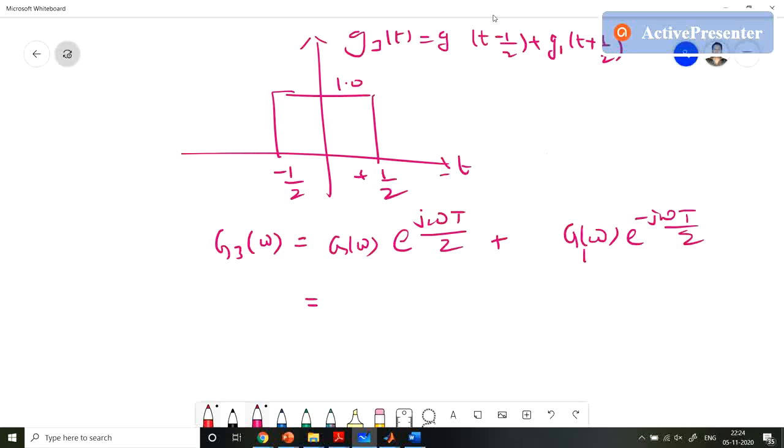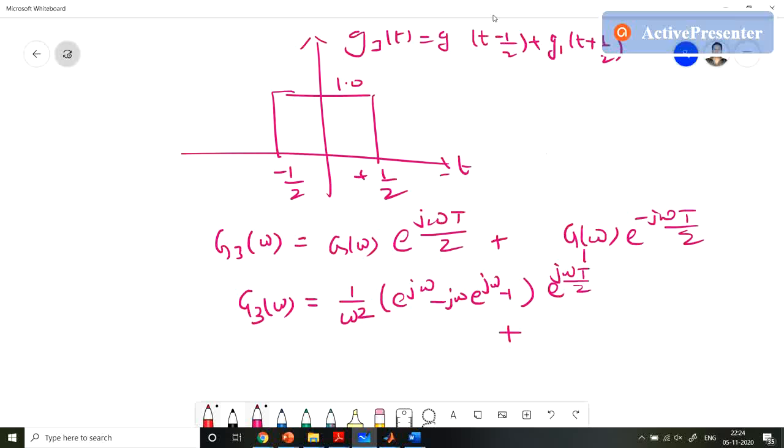So G omega is equal to 1 divided by omega square e raised to the power j omega minus j omega e raised to the power j omega minus 1, times e raised to the power j omega t by 2, plus this is G3 omega, and this G1 omega.